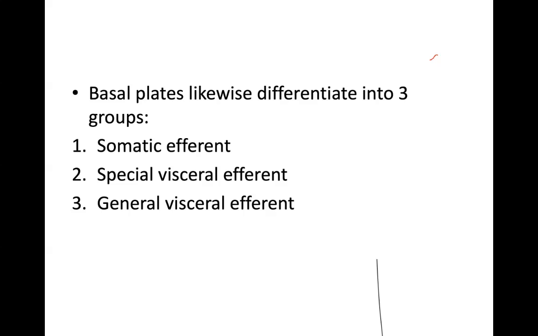But these cranial nerves, we now have to incorporate into different levels of the hindbrain, because you know that some cranial nerves have their nuclei in the medulla, some have their nuclei in the pons, some have their nuclei in the midbrain. So we have to talk about these groups in relation to the cranial nerves that they are going to give rise to.